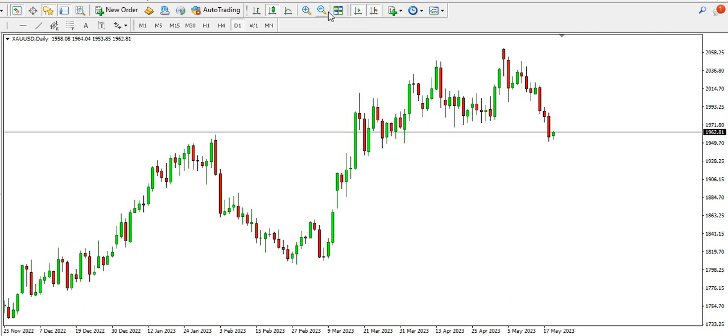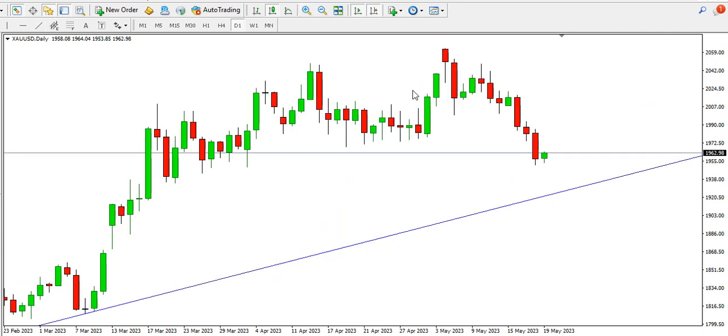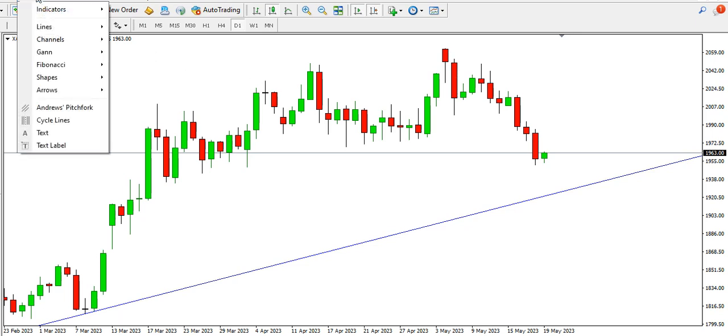I'm on gold, and the overall direction of gold on the daily time frame is bullish, and we have this ascending trend line. The price of gold has already formed a double top.